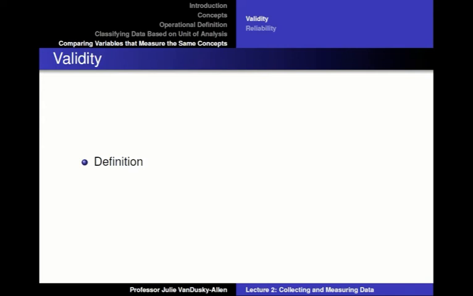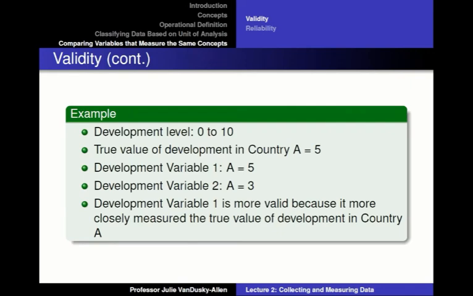In addition, since different variables measure the same concepts, for example, there are several different measures of democracy, we are able to compare the validity of these measurements in order to choose the most appropriate one to use. For example, imagine development could be measured on a 0 to 10 scale, with 0 meaning least developed and 10 meaning most developed.